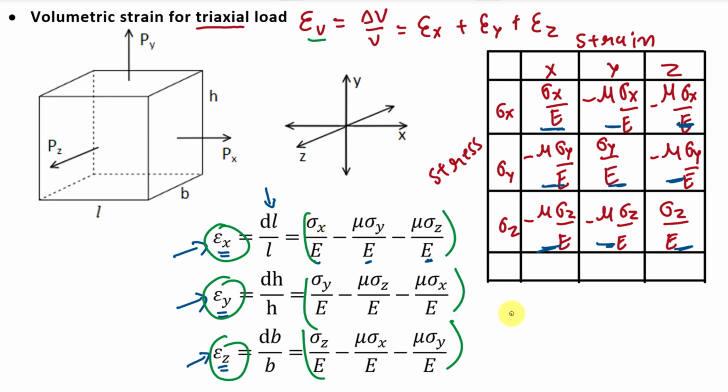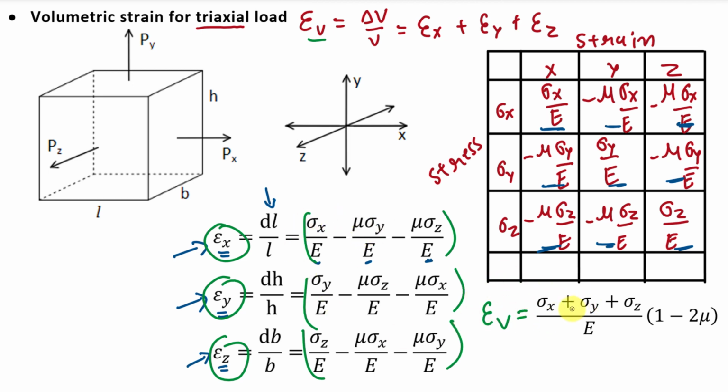If you find epsilon V from here, then we have to add all these 9 terms, right? If you add these 9 terms and simplify, then you will get epsilon V is equal to sigma x plus sigma y plus sigma z divided by E into 1 minus 2 mu. So from here you also have to remember this equation.